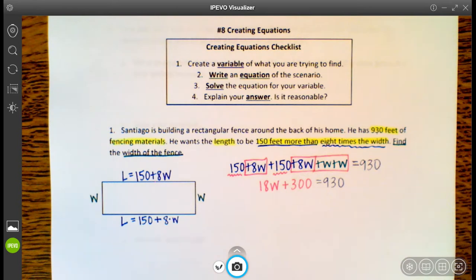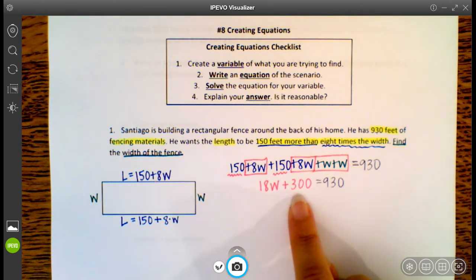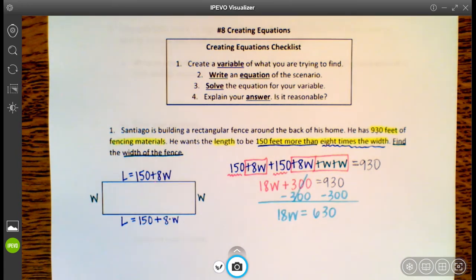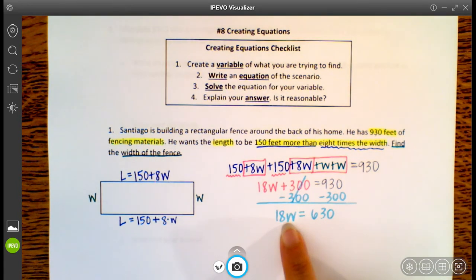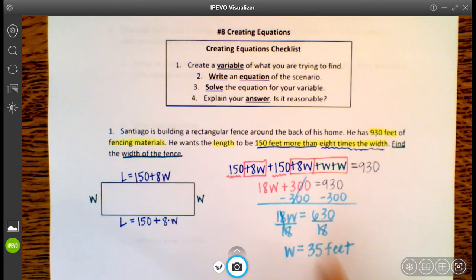Now we can solve this easy 2-step equation. Instead of adding 300, we subtract. And instead of multiplying W by 18, we are going to divide. So we end up with that our width is 35 feet. Make sure to put your units, guys, because that helps me determine what unit of measurement we are using.